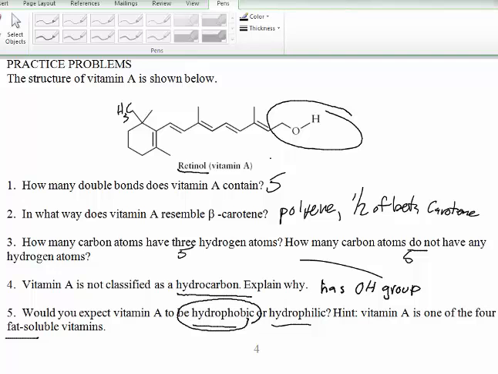It's polar, has hydrogen bonding capability, but there are too many carbons in order to dissolve this in water. There's just too much nonpolar character on the left side of the molecule. There's only one OH group, and so that's not strong enough. It's not polar enough to bring all the rest of this hydrocarbon structure into water. So it's not polar enough to dissolve in water.